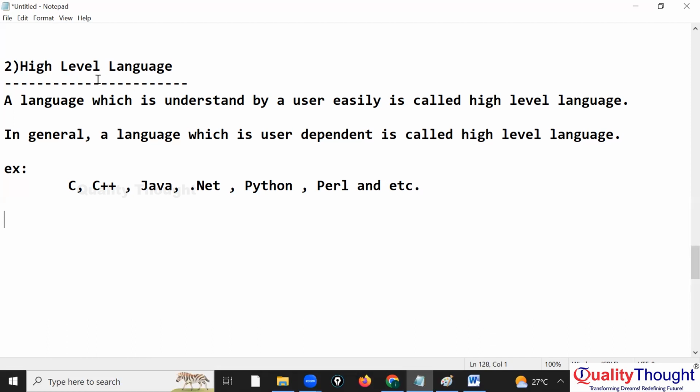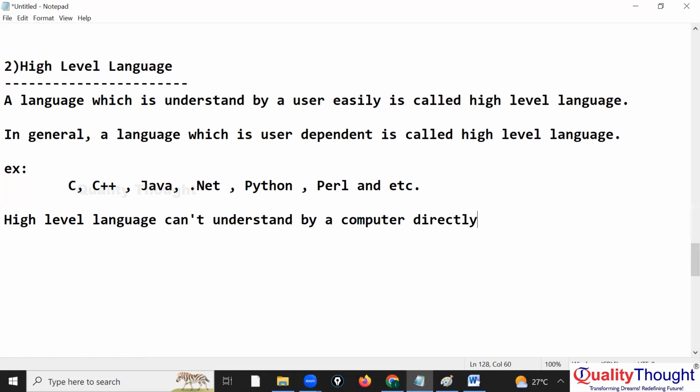High-level language means the user will understand. But is high-level language understood by the computer? No. Because you know very well, your computer understands only machine language. Your computer will not understand high-level language. Again, we require a translator. High-level language can't be understood by a computer directly.